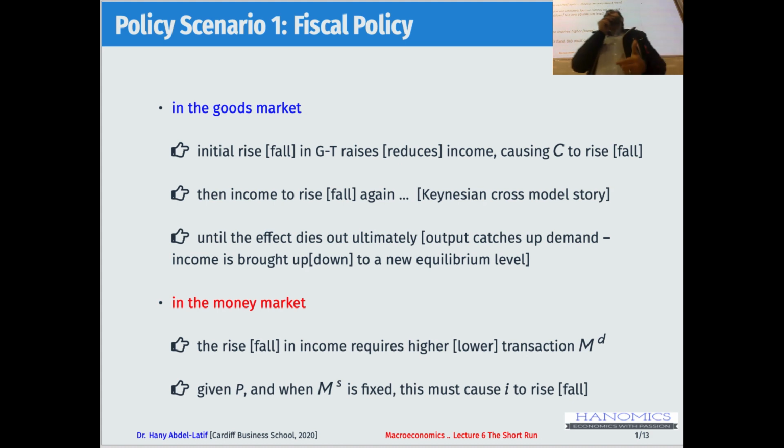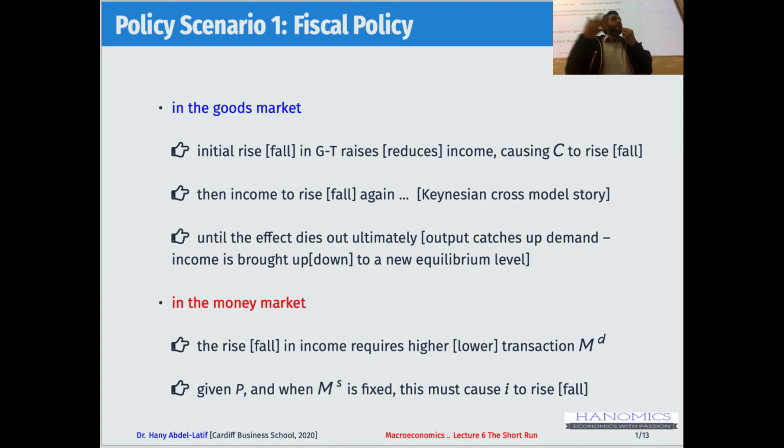In our scenario, we assumed an expansionary fiscal policy, an increase in government spending. What we're trying to trace out is what is going to happen in the goods market and in the money market. The goods market is very straightforward. Higher government spending means higher income, higher income means higher consumption, and higher consumption means another round of higher income.